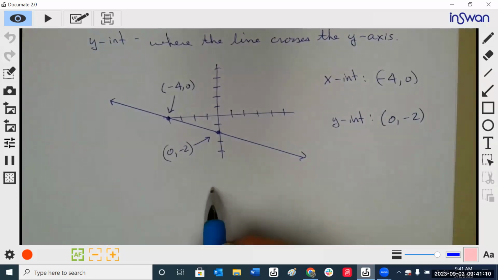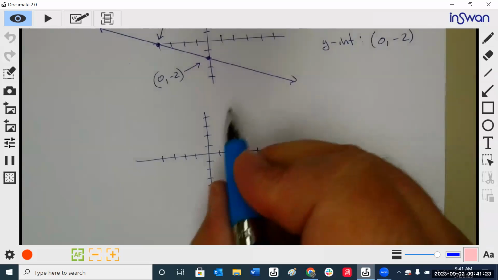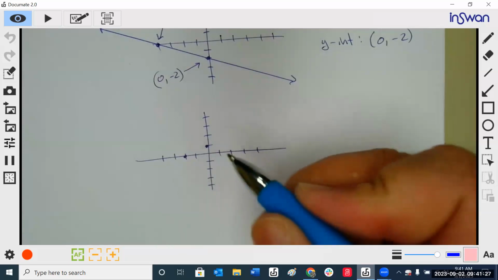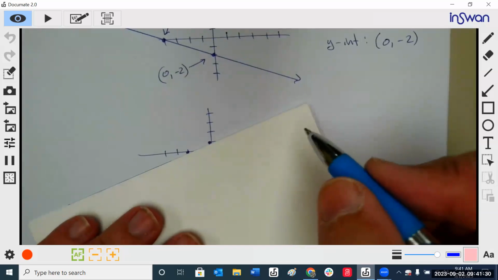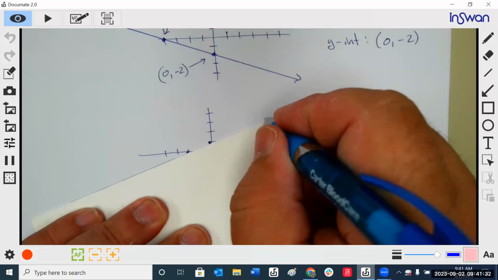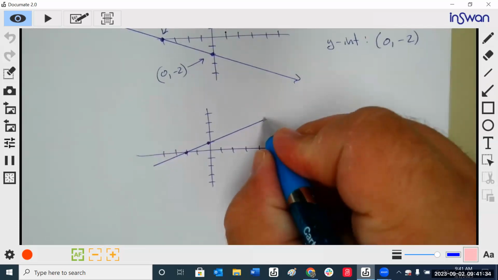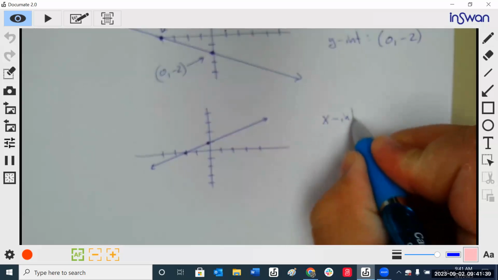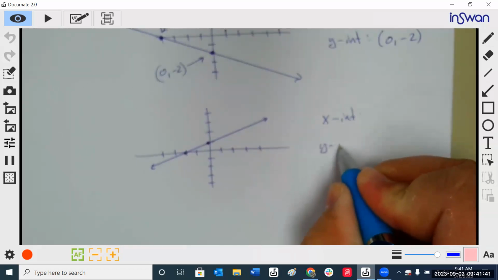Let me give you another graph. What's the x-intercept here? What's the y-intercept?